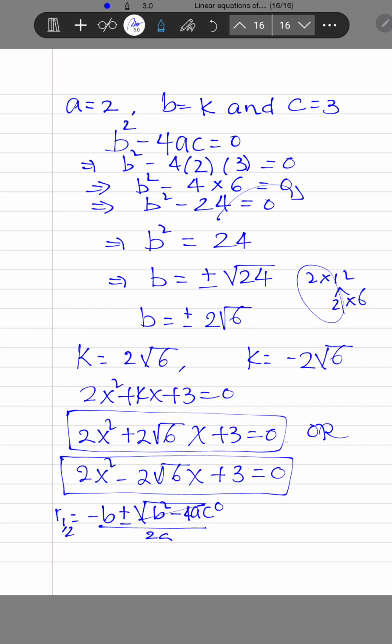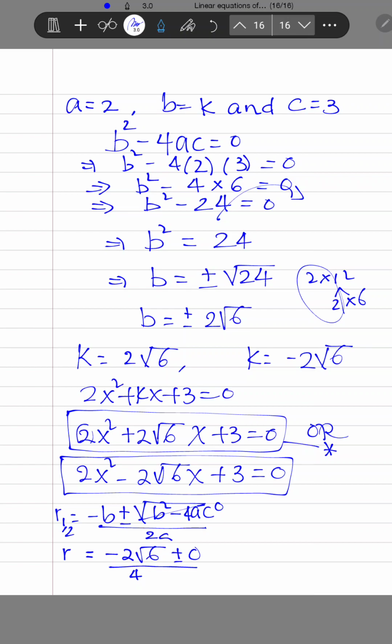So in the first case, the roots are minus b, which is minus 2 root 6, plus or minus the b squared minus 4ac part, which I leave, divided by 2a. 2 times 2 is 4 here.